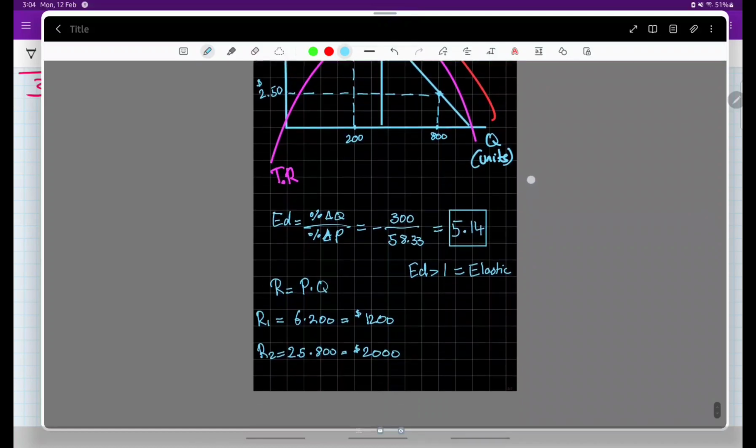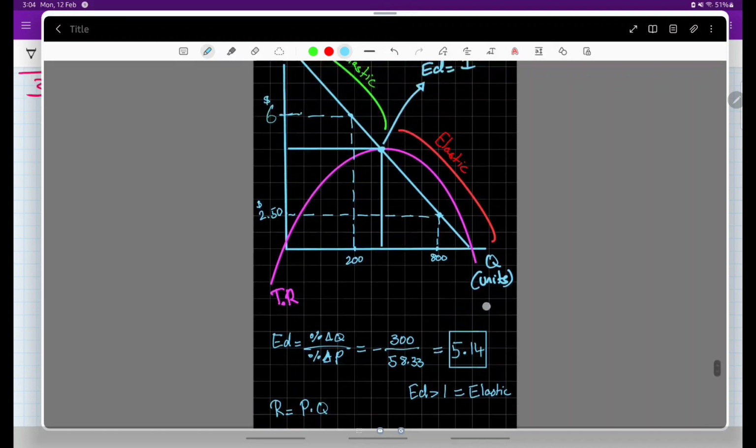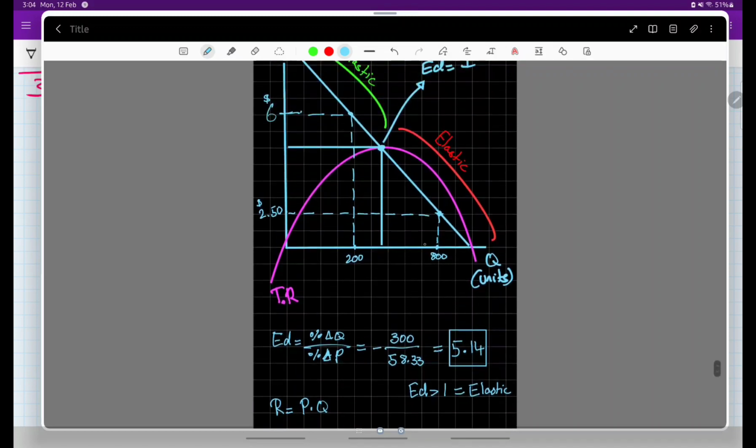And if you look at what happens when you do the equation for elasticity of demand, you have the percentage change in quantity, all divided by the percentage change in price. So the percentage change in quantity from 200 to 800 is a 300% increase in quantity demanded, all divided by a 58.33% decrease in price.